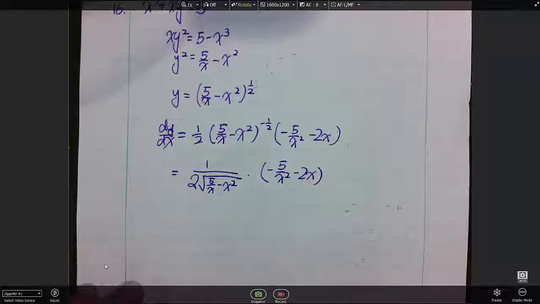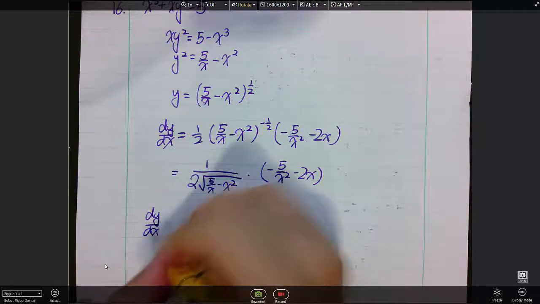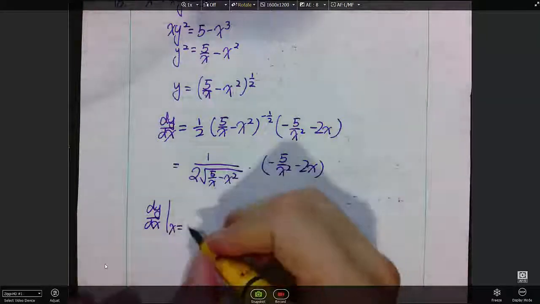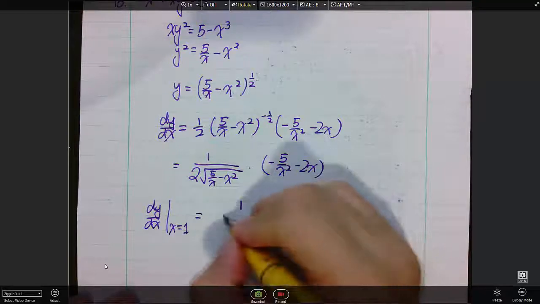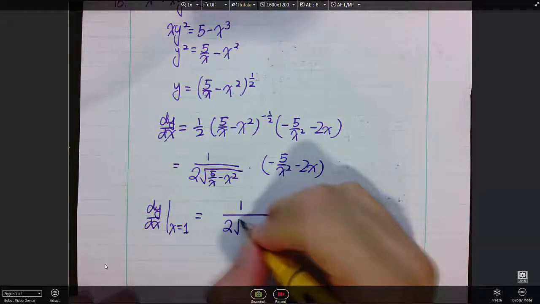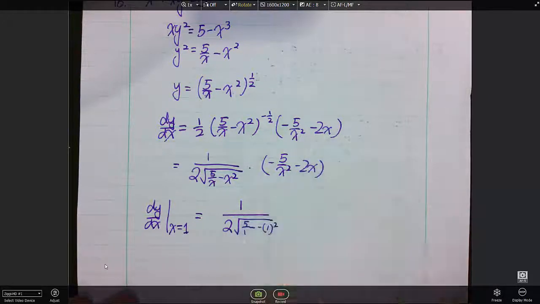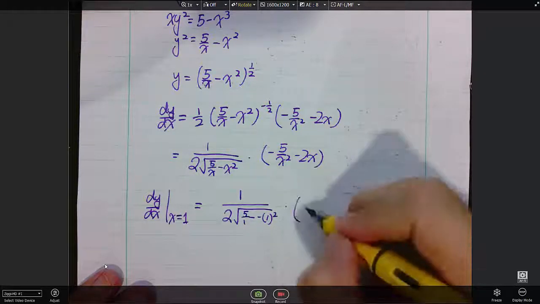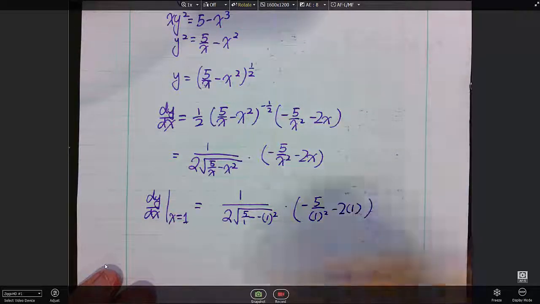Don't bother simplifying this any further, because what we need to do now is find the gradient of the tangent, and I already know the x value at the point, so I let x equal 1. So I get 1 over 2 square root of (5 over 1 minus 1 squared), multiplied by (minus 5 over 1 squared minus 2 times 1).